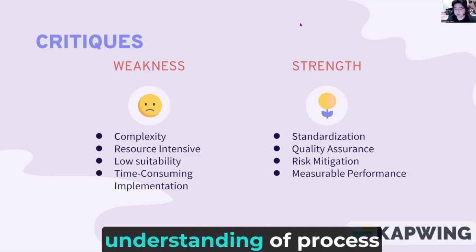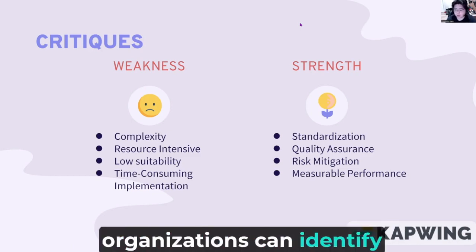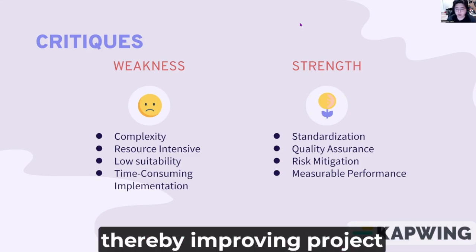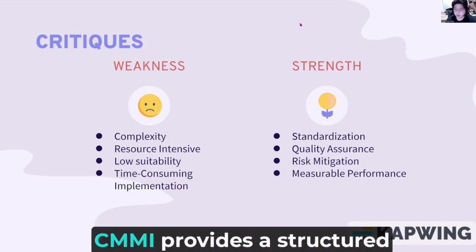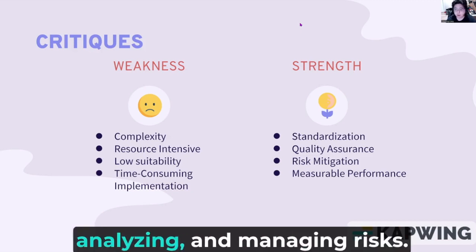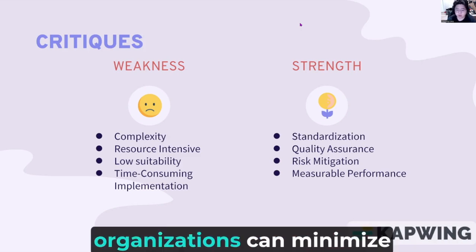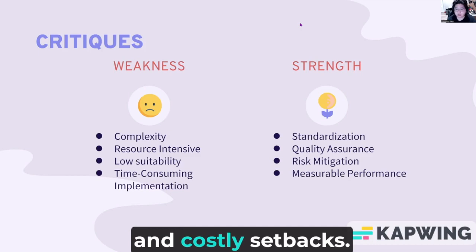By gaining a deeper understanding of process performance, organizations can identify problems earlier and take corrective action promptly, thereby improving project outcomes. CMMI provides a structured framework for identifying, analyzing, and managing risks. By proactively addressing potential risks, organizations can minimize the likelihood of project failure and costly setbacks.